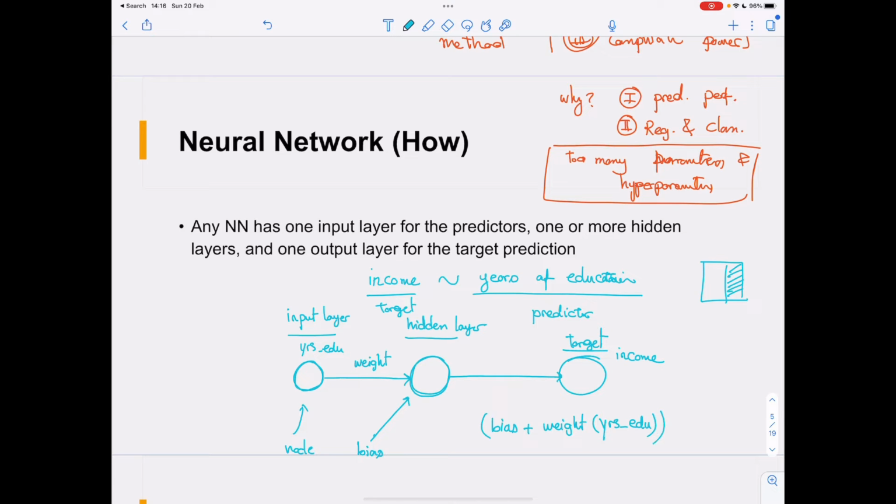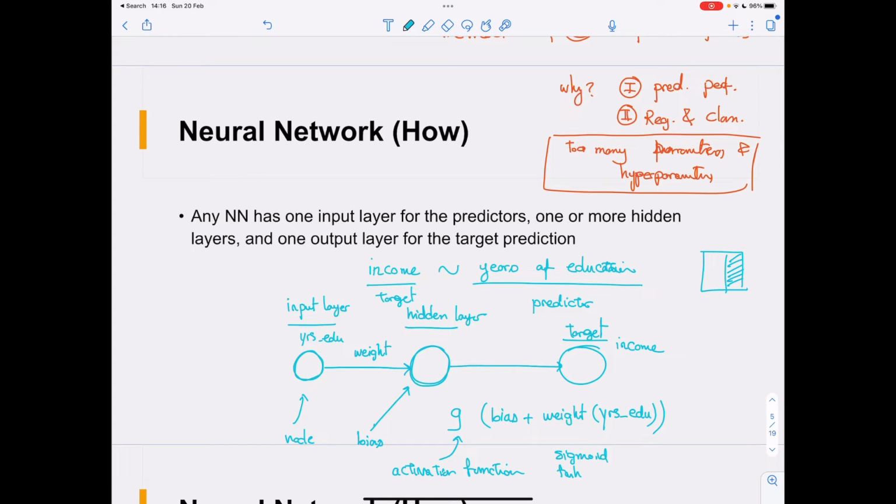Actually, we use another function, let's say G. And this function is normally called an activation function. It can be many different things. One of them is sigmoid. One of them is tanh. One of them is ReLU.